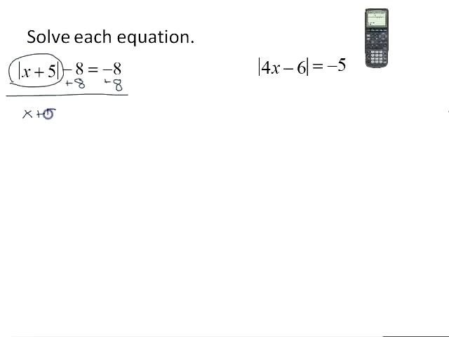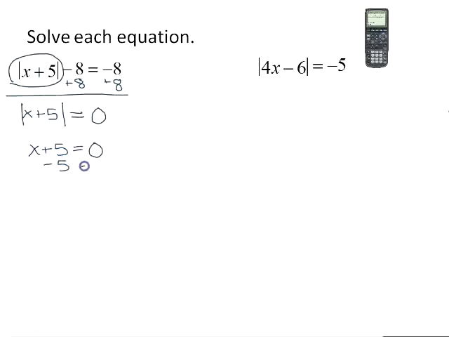So this is going to give me the absolute value of x plus 5 equals negative 8 plus 8 is 0. It's okay to have a 0 there. It just means that when we take this out of the absolute value bars, I'm not going to have two equations. I can really only make one equation out of that, because there's not a positive 0 and a negative 0. They're the same thing.